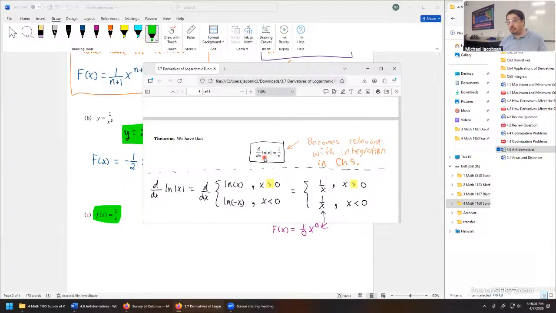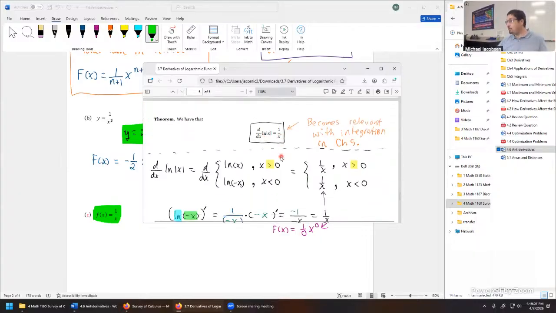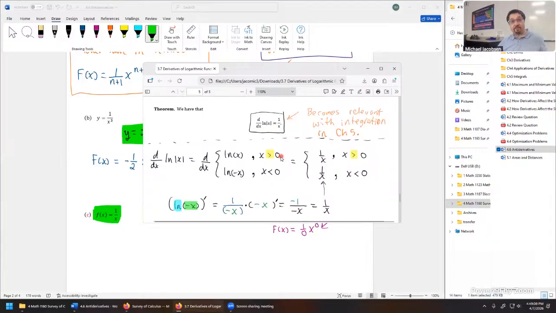It turns out also the derivative of the natural logarithm of the absolute value of x is also 1 over x. And we took a little extra time to derive how that formula goes by differentiation. So this formula becomes relevant with integration, and that's the whole purpose of section 4.6. We need an antiderivative to become fluent with finding definite integrals later on.